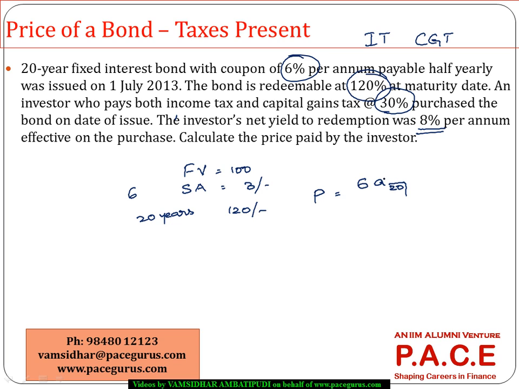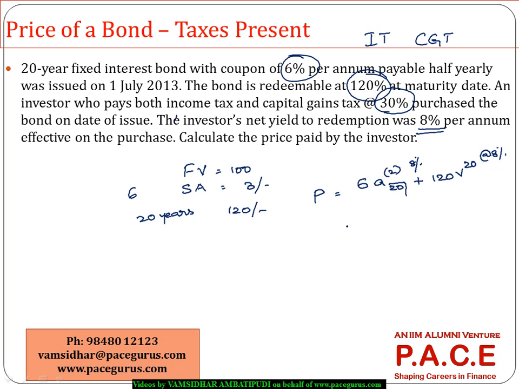So it is 6 a-angle-20, but on a semi-annual basis. These are the coupons, and the principal, let's say it is 120, which is going to come after 20 years. So v^20, this would have been at the rate of 8%. So initially let's consider the scenario when no taxes were there.